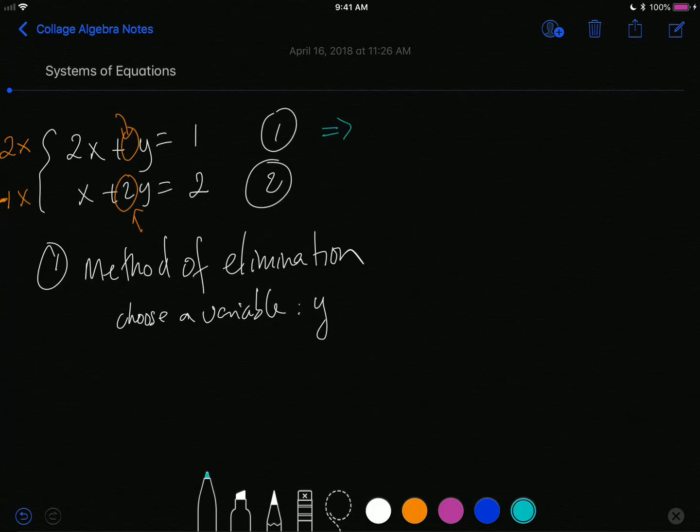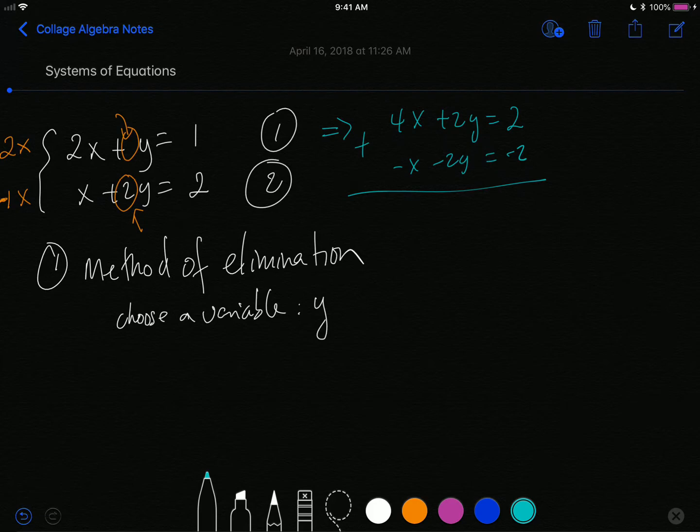So the first equation will become 4x plus 2y equals 2. Note that every element got multiplied by 2. And in the second equation, I get negative x minus 2y equals negative 2. With that, I then add each column one at a time.